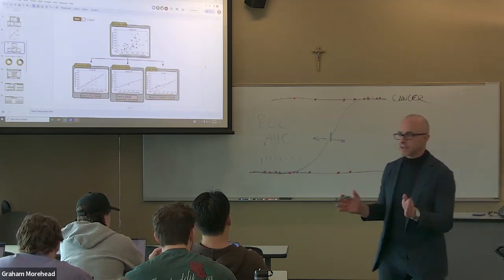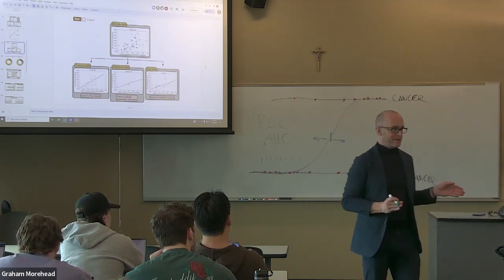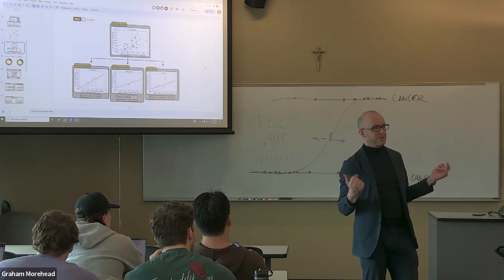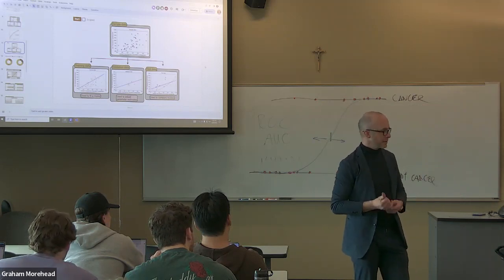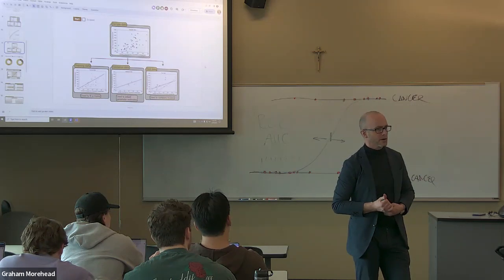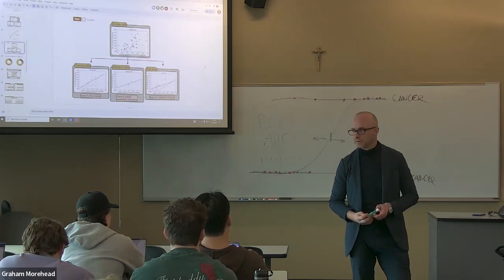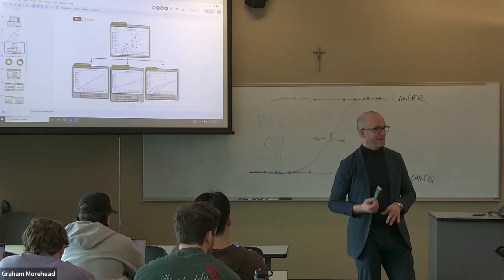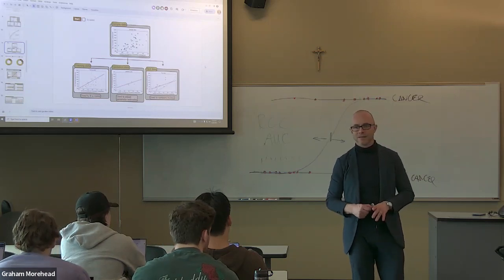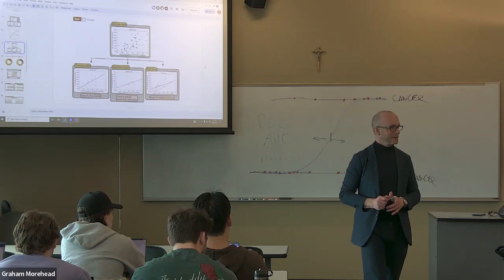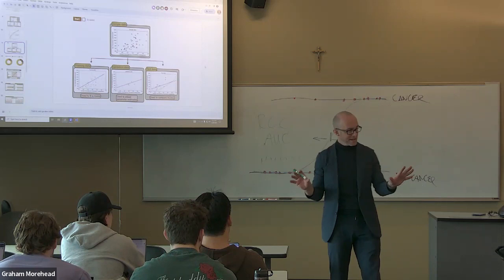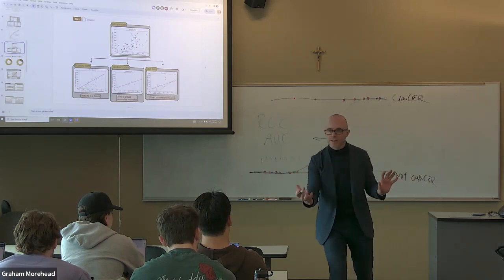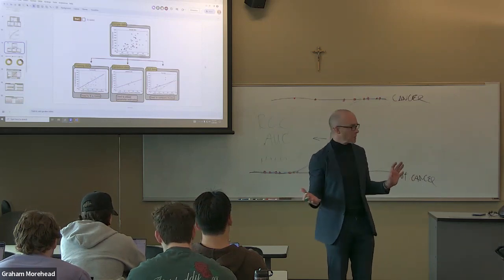So you have your training set and you have your test set. What's your validation set? It's a separate set, but what is that? What is it for? Yeah, so there's a test set, there's a training set, and then there's this third thing called a validation set.